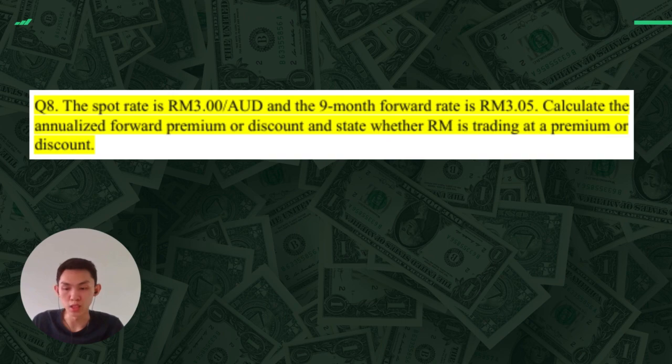So we use 3.05, which is the 9 months forward rate, minus 3.0, divided by 3.0, multiplied by 12 divided by 9, because our period is 9 months, and then multiply by 100%. We will get 2.22%. So 2.22% means the RM is trading at a premium, because the forward rate is more than the spot rate. 3.05 is bigger than 3, so it is considered a premium.